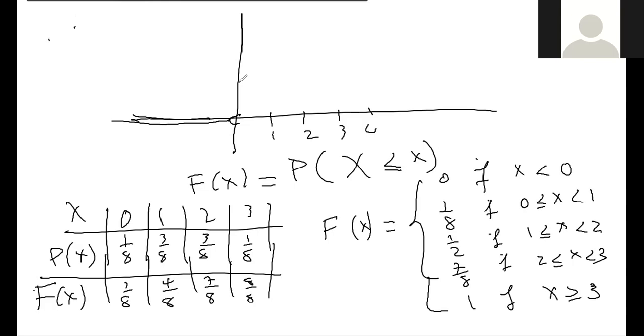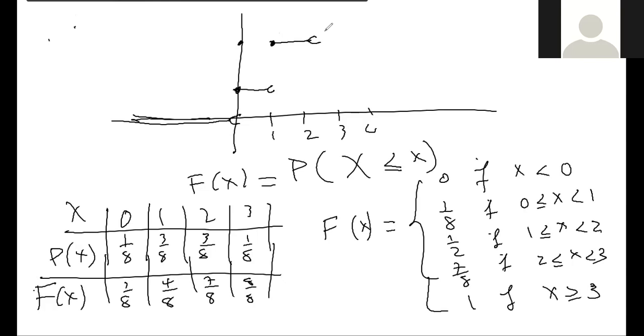And then at 0, we have it at 1 over 8. At 1, we have it at 4 over 8, and so on. So we call it a step function.